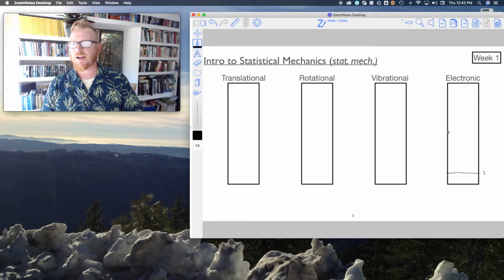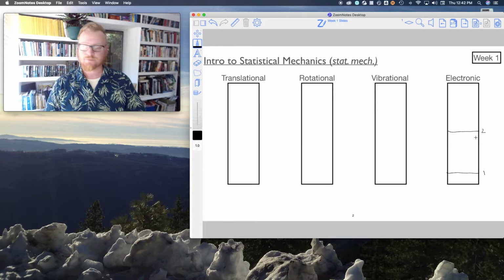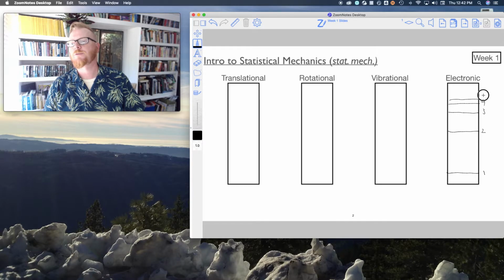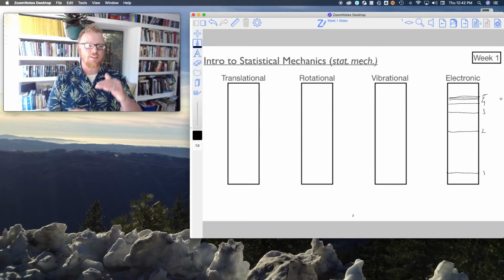Then I'm going to draw another line up here. That is level number 2, the first excited state. And then I'm going to keep going. I'm going to draw another level here, level 3, level 4, level 5, and so forth. And you'll notice I'm drawing these levels tighter and tighter and tighter.